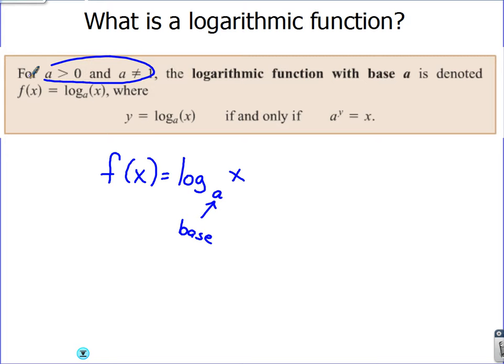That is true if and only if, and by the way, we all know that that is y. Y equals log base a of x. That's how you break down if and only if. A to the y power equals x. Y equals log base a of x if and only if a to the y power equals x.